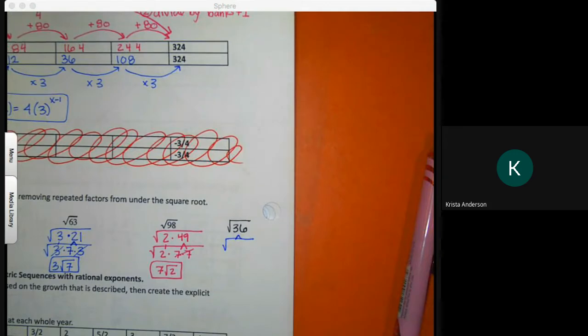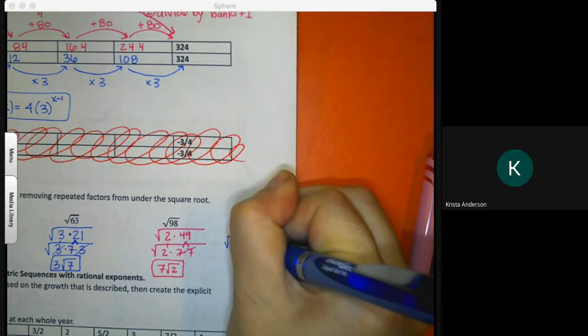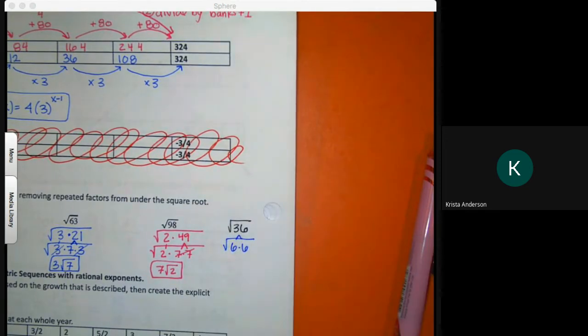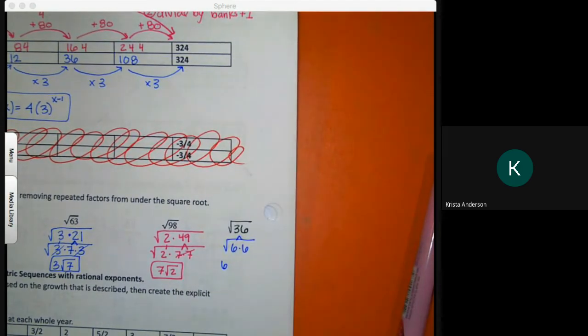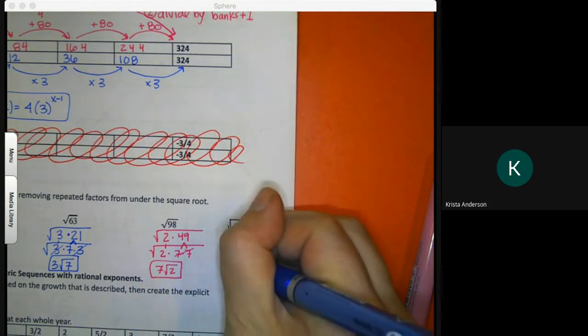It's the square root of 6, which means it is 6 times 6. It's a perfect square, which means the 6 would leave, and would there be anything left in the root? Nothing. Everything gets to leave. The root is no longer there. So it would just be 6.